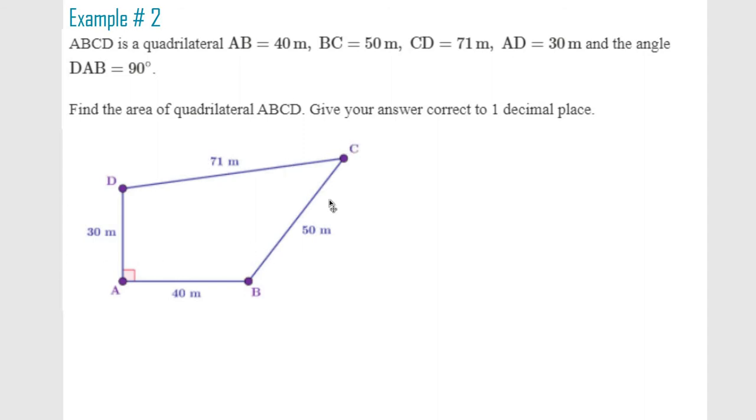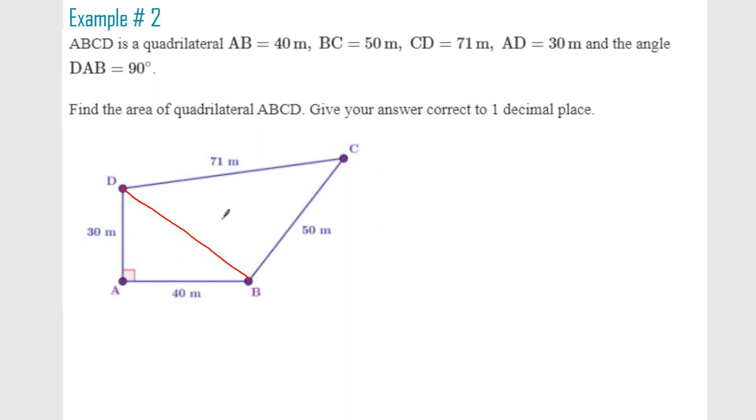Well, we don't have a formula for some weird looking quadrilateral. We have formulas for trapezoids and squares and rectangles and a rhombus and a kite and all these other things, but not this weird one. So what would I do? I would draw a line right here.